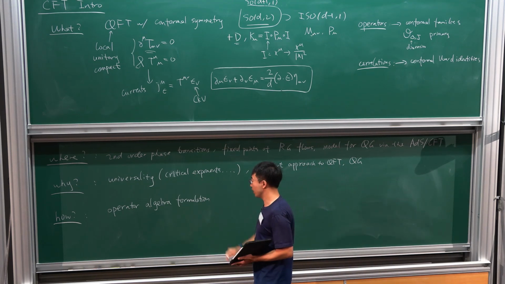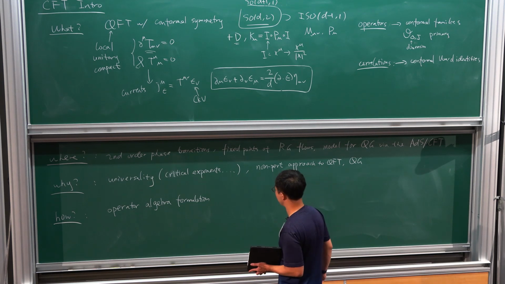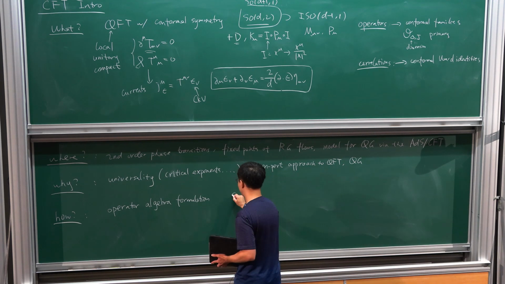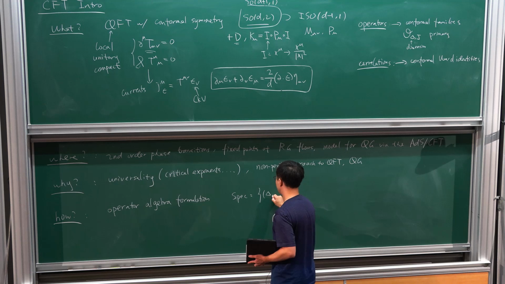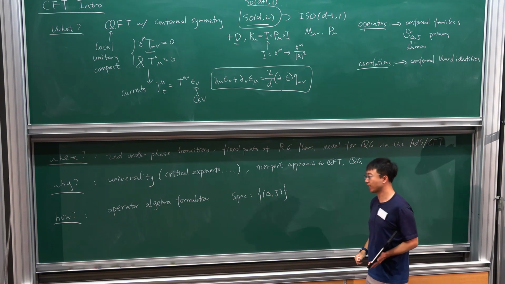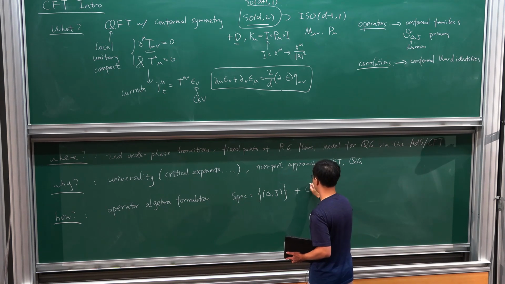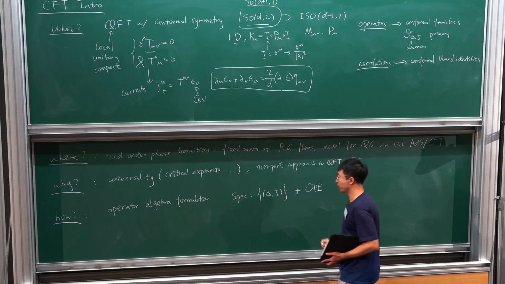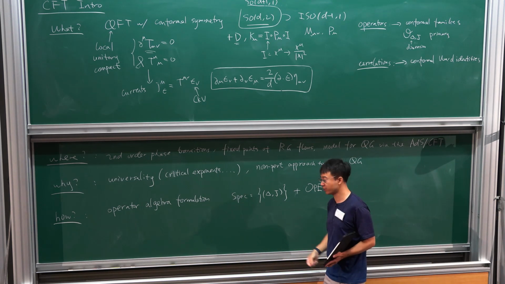And this formulation defines the CFT in terms of some basic data, namely the spectrum, which is a set of scaling dimensions together with the spin quantum numbers, denoted schematically by Delta and J, together with OPE coefficients, which keep track of, in a rough sense, interactions between these operators.